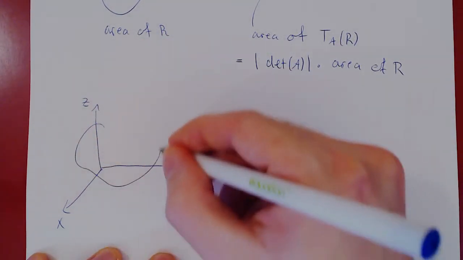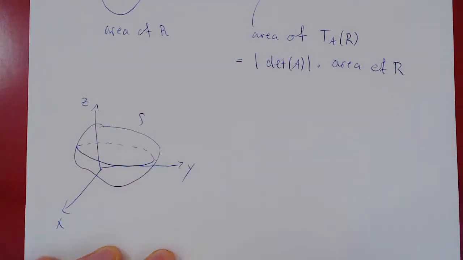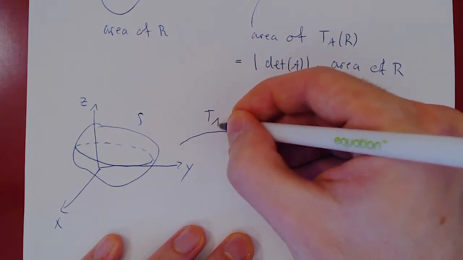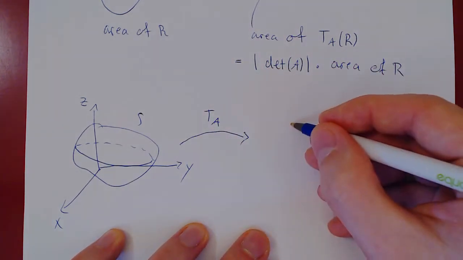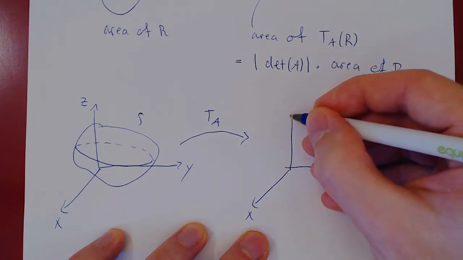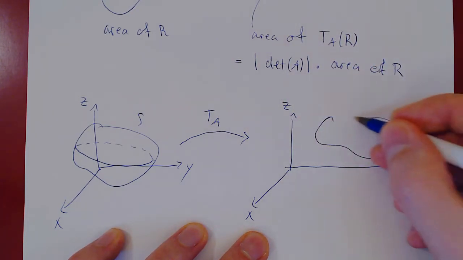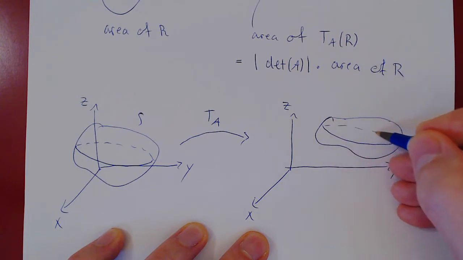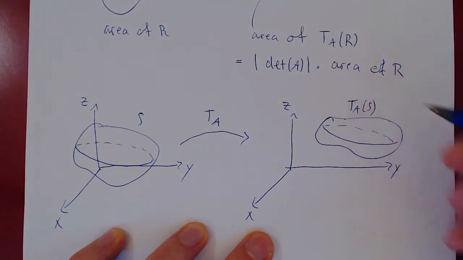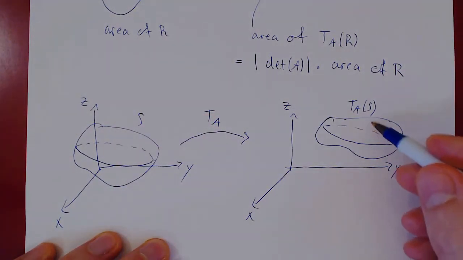And you could take a solid, call it S, and you can multiply every point of the solid by your now 3 by 3 matrix, and you would obtain a new solid. And you can ask a similar question. So here we said this is the image of S under A. And you can say, well, what if I know the volume of this solid? What is the volume of this one?